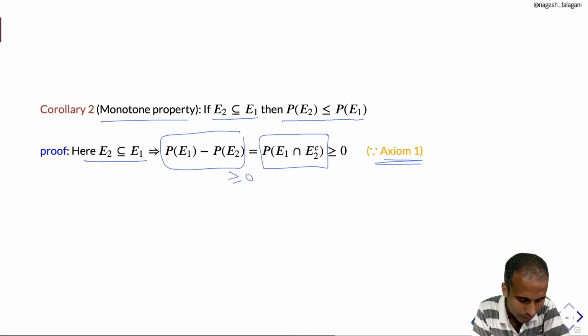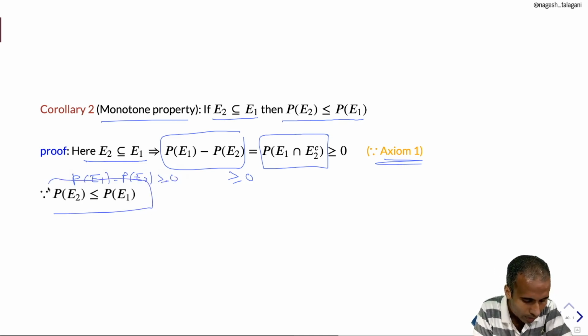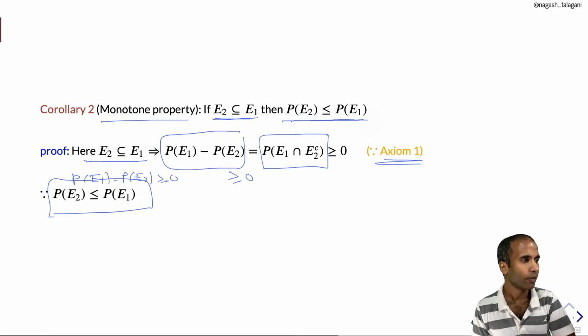Therefore, I can write the probability of E1 minus probability of E2 is always non-negative. So that will give you this one. The probability of E2 less than or equal to probability of E1. Okay. This is something called monotone property of probability. If E2 is subset of E1, then probability of E2 will be less than or equal to probability of E1. Okay. Fine.